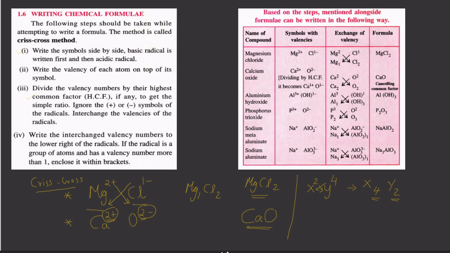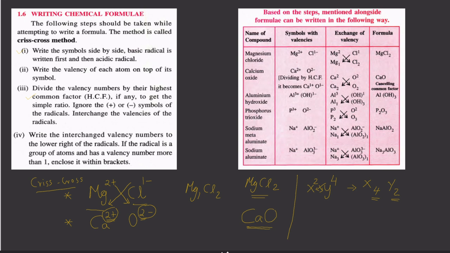Here we know that 4 and 2 are multiples of 2. So what do we have to do? We have to divide 4 by 2 and 2 divided by 2. What will we get? 4 divided by 2 is 2, so X2; 2 divided by 2 is 1.